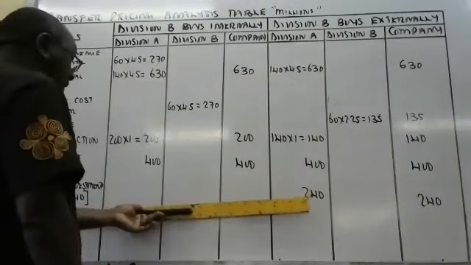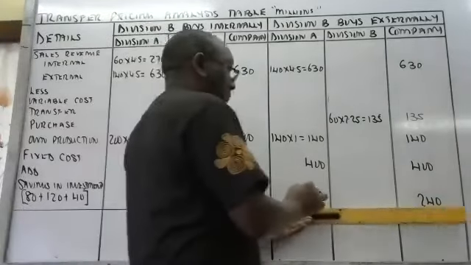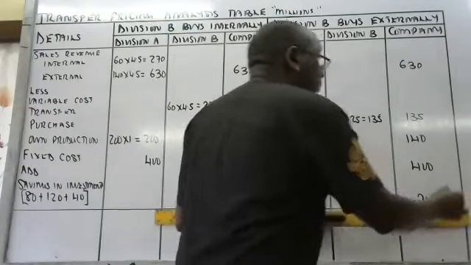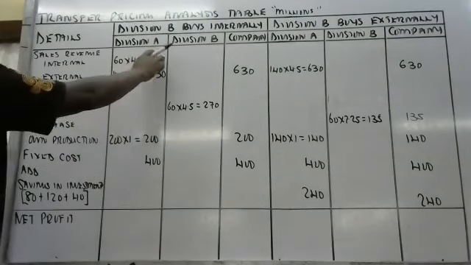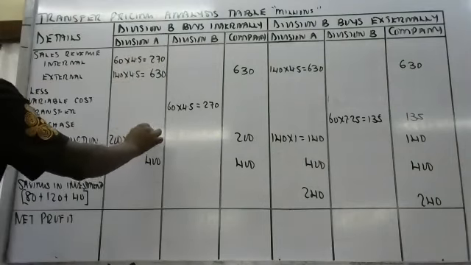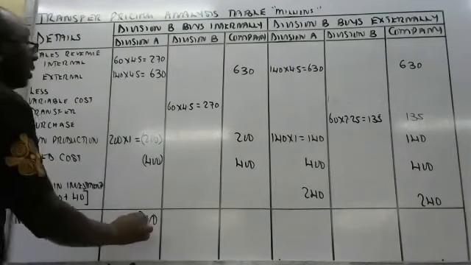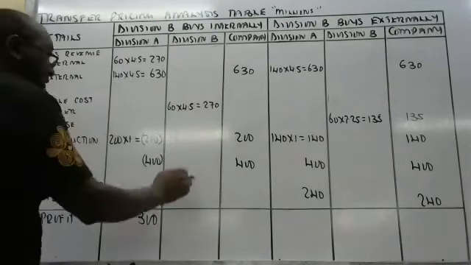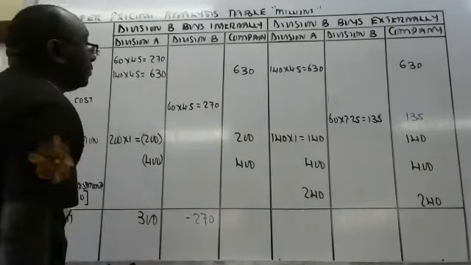So with that now, we can get the net position, which we shall call net profit. Let's start here. Take 270 plus 630 minus 200 minus 400. That gives 300. This one is 270 minus 0, so we get minus 270.